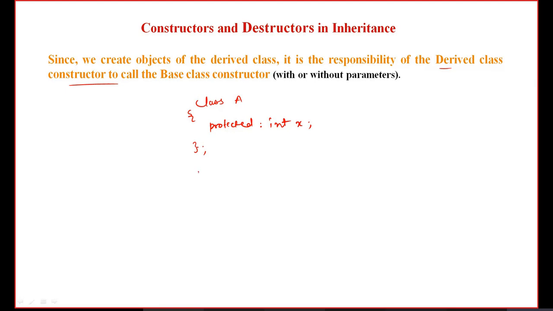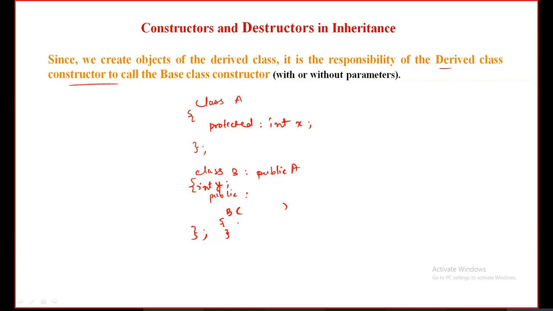And we have a class B, which is publicly inheriting from class A. And in the private part, suppose a data member is int y. And in the public part, we are having a constructor for class B.